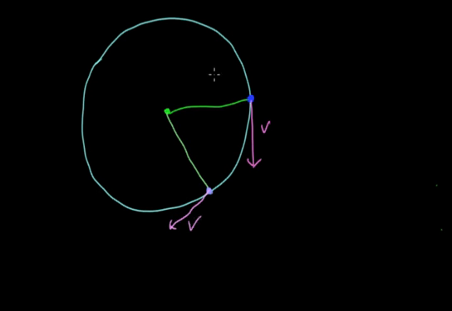Does that make sense? Assuming constant speed for a moment here, as we go around, we went from a velocity vector that was basically straight down to a velocity vector now that is kind of down and to the left. Well, let's think about this a little bit.